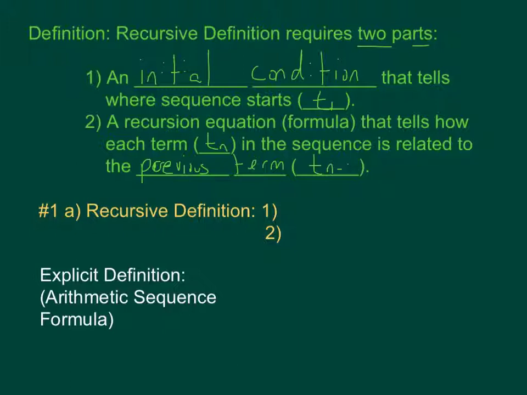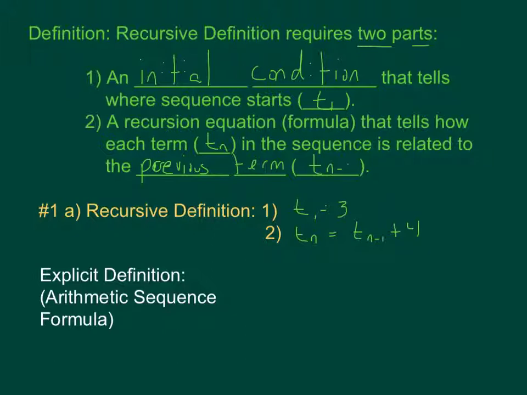You need T1. In this example, T1 will be 3. And the formula is Tn equals Tn minus 1 plus 4. So the first term is 3, and the formula is you simply add 4 each time.